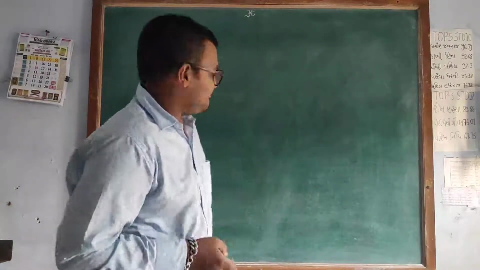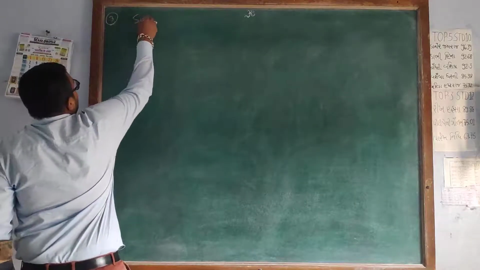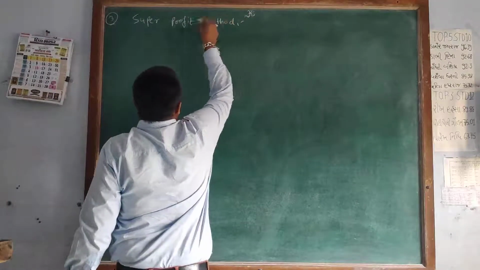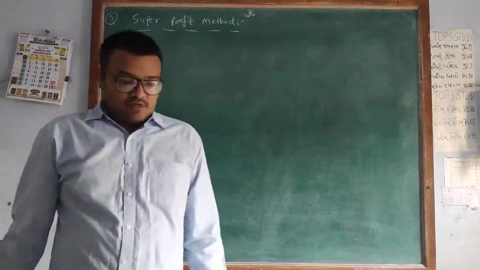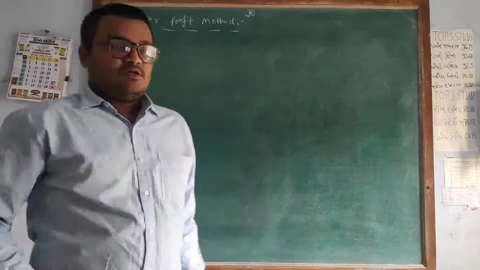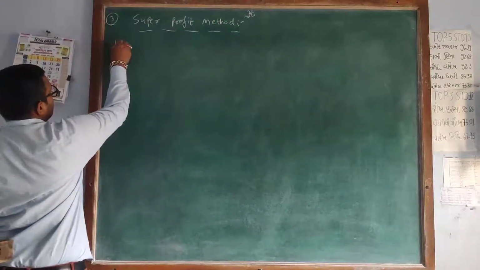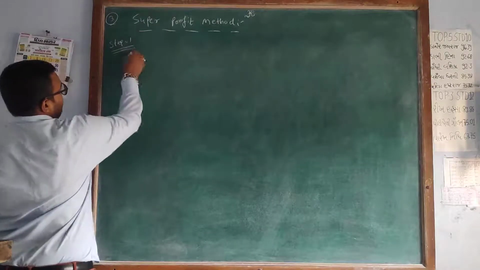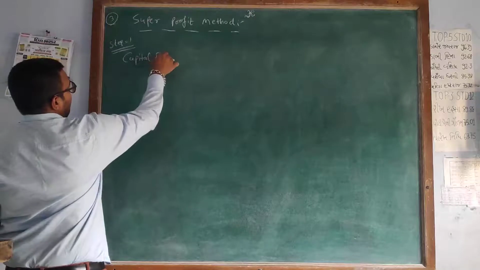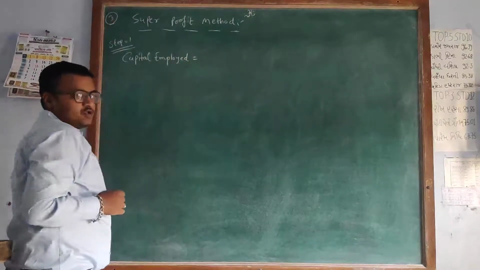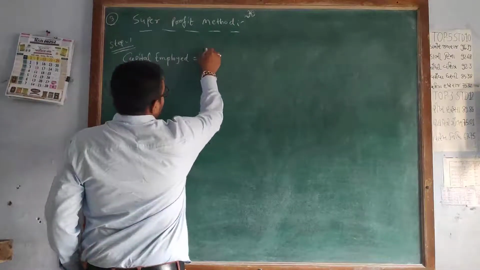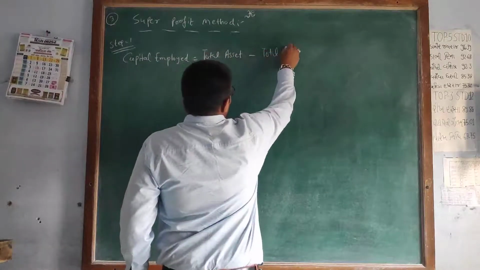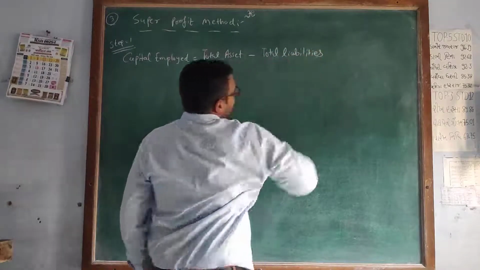So our third method will be the super profit method. तो दोस्तों आपको क्या करना है सुपर प्रॉफिट मेथड के फर्स्ट स्टेप 1, capital employed is equal to total assets minus total liabilities.